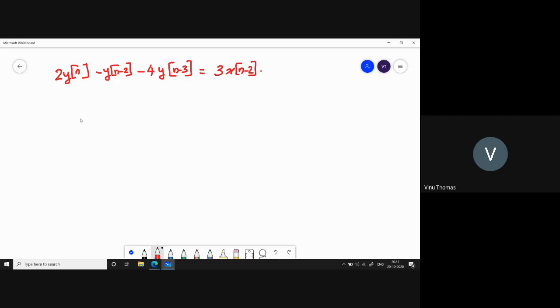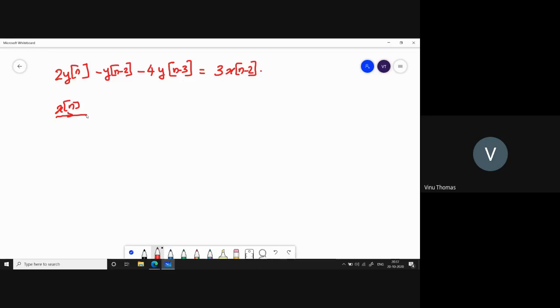Since you are given a time domain equation directly, it can be implemented like this. So here we have an x(n). It is delayed by 2 samples.